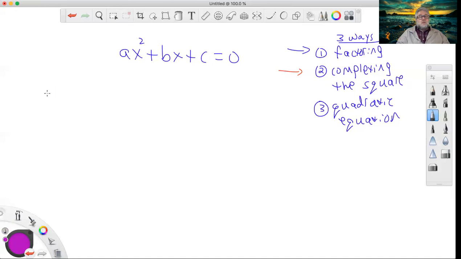So let me remind you that if I have a plus b squared, that's the same as a squared plus b squared. Is that right? Raise your hand if you think that's right. No, of course not. You cannot distribute an exponent across a sum. So this is not correct.